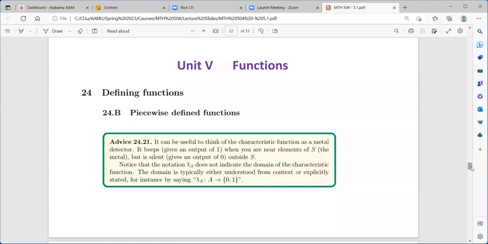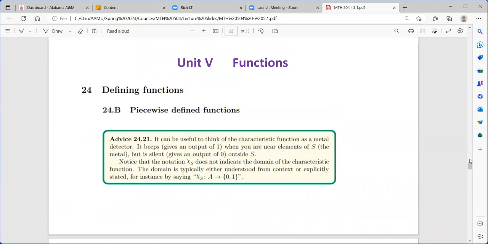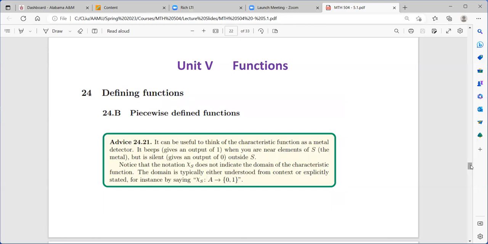We do discuss some examples here, not too many.